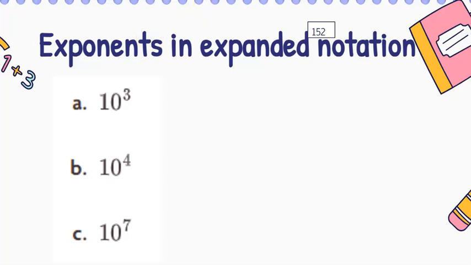Our next one, now this is how you will see it on tests. 10 to the power of 3. Again, if you're typing your answer, you would use that little caret. And we, as teachers, can show you how to find that on your computer at school. All right, so let's see what this represents. Well, what does 10 to the power of 3 represent?